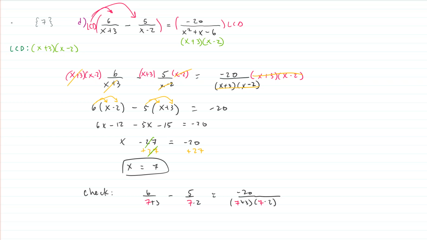Everywhere there's an x, we put 7. Now we keep going. So we have 6 over 10 minus 5 over 5, which is 1. But we'll leave it as 5 over 5 for the moment.